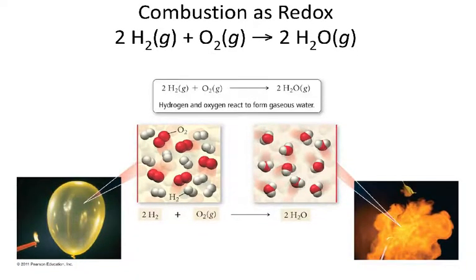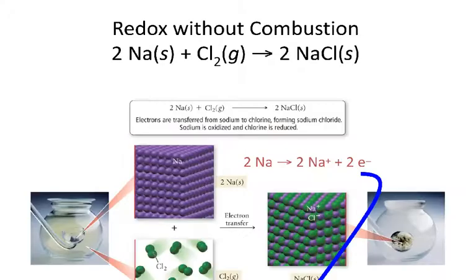So redox reactions, one category would be combustion, where something reacts with oxygen to form, in this case, water. If it's a carbon-containing compound that's combusting, it's going to make carbon dioxide and water. And electrons are being shifted.